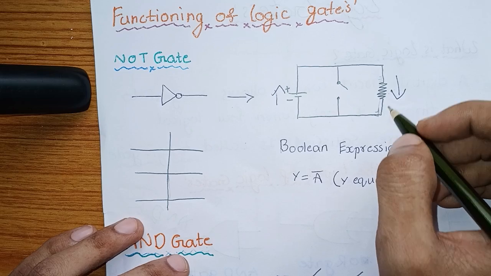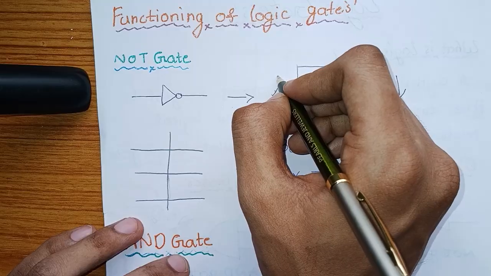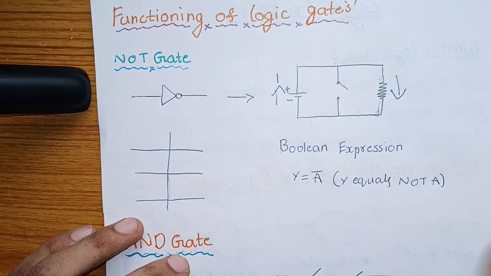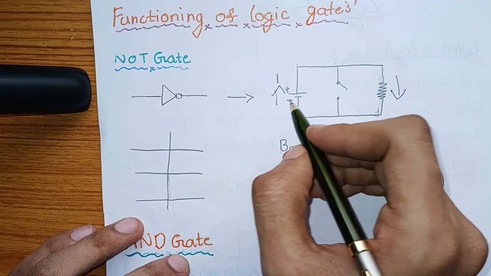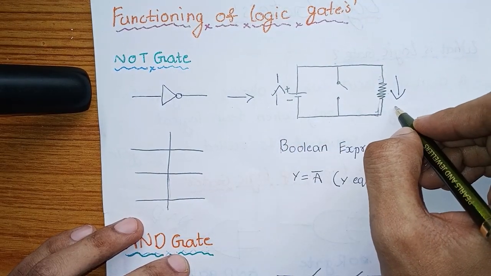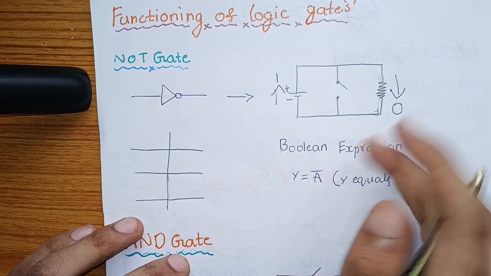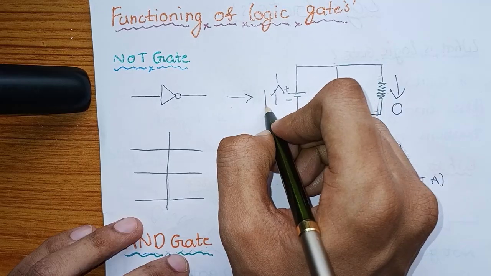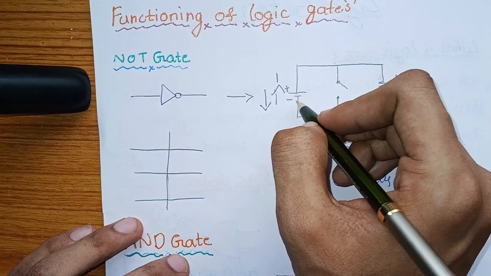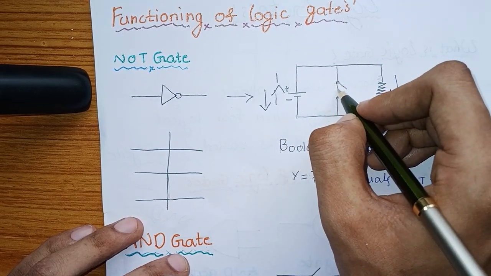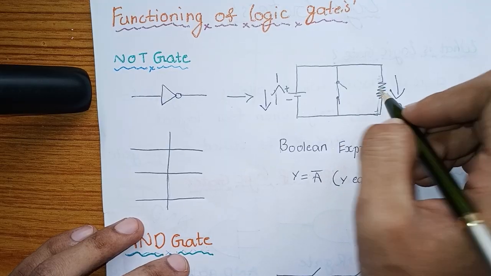Do you get it? What I am saying is, if the voltage is high, we will treat it as 1 because the voltage is high. Why only 1? I will tell you later. And if the voltage is low, let's treat it as 0. Why is it 0? I will tell you, wait. If the voltage produced by the battery is very low, then the switch will close and allow the current to pass through the resistor more.